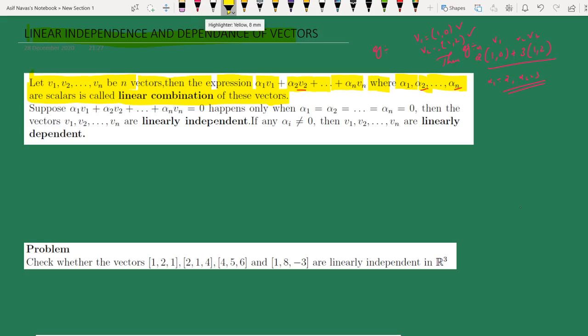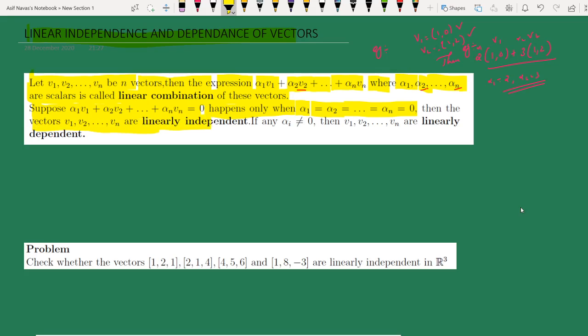Now the important part is, suppose alpha 1 v1 plus alpha 2 v2 plus etc. alpha n vn is equal to 0 happens only when alpha 1 equal to alpha 2 equal to etc. alpha n equal to 0. Then the vectors are called linearly independent.